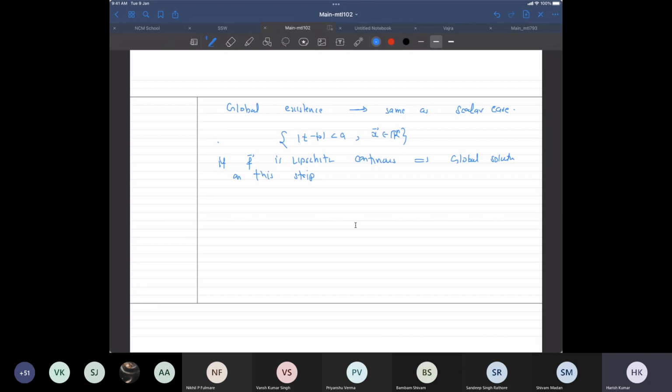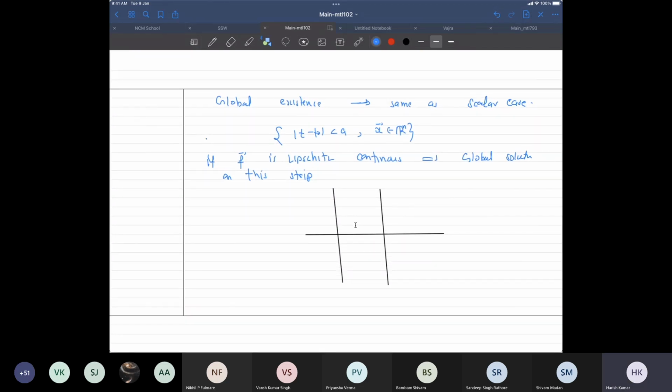We're calling it strip, but it's in Rn, right? Note that. So it's in Rn plus 1. If you want to draw, we can draw. So how this strip looks like? So basically something like this. This will be t, and this will be Rn.